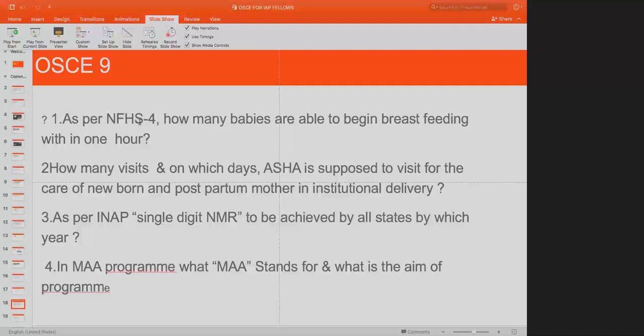As per NFHS 4, how many babies are able to begin breastfeeding within 1 hour? You can take a guess also.